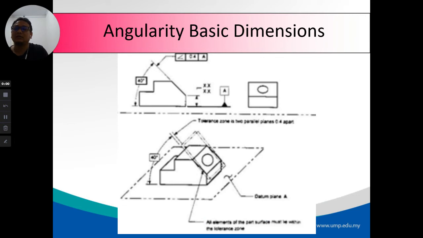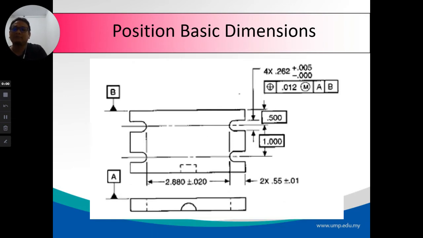It certainly does. It's also in terms of a size, but not in terms of an angle, but a size. A position basic dimension. For example, you have a position A between B. A has a position of 1.5.